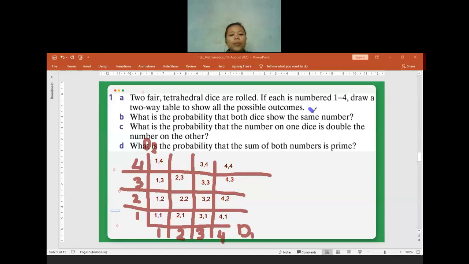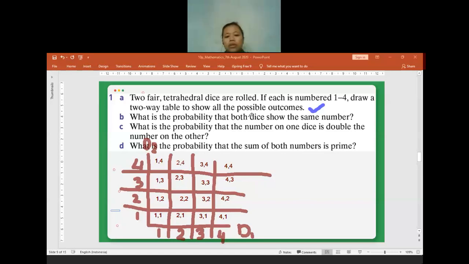What is the probability that both dice show the same number? How many times will they have the same number? Anyone knows? 2. Are you sure? 2 only?